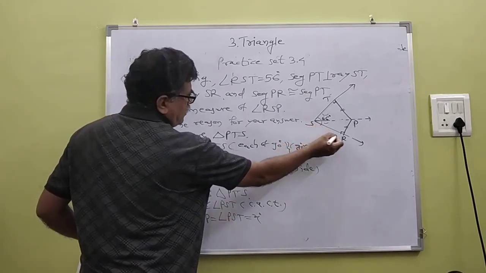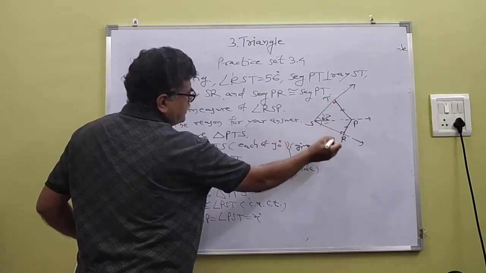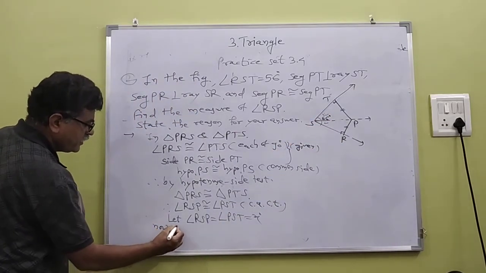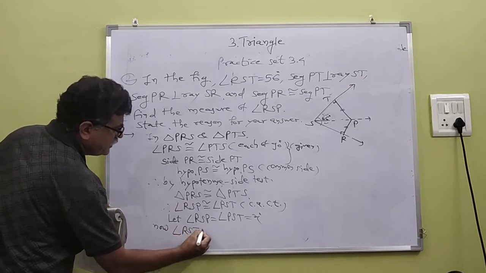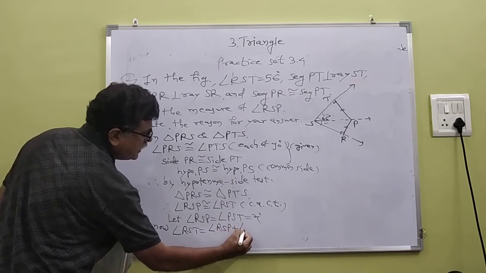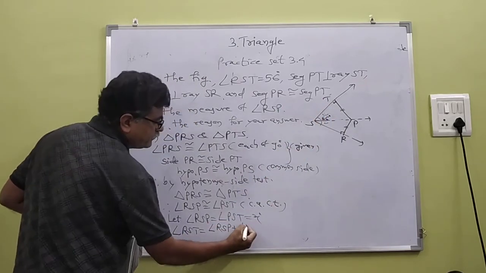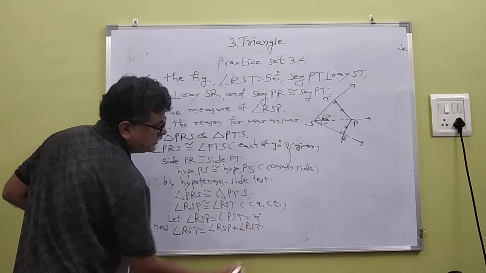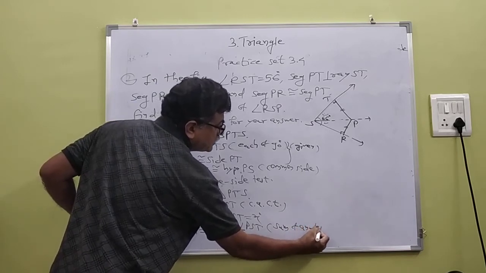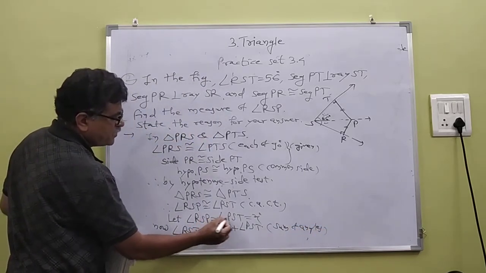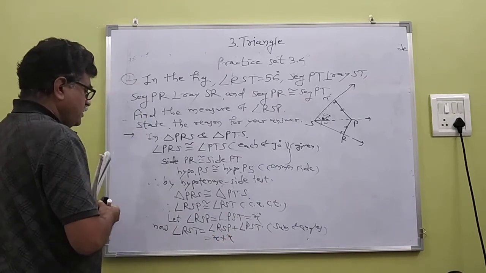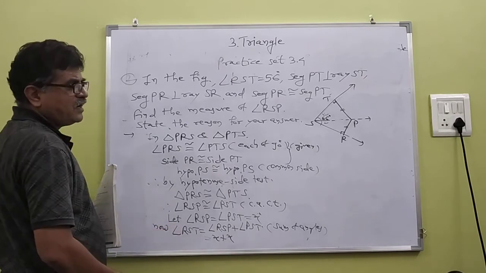Therefore, now angle RST is equal to the sum of these two angles. Angle RST is equal to angle RSP plus angle PST. Write down sum of angles. Now put values: x plus x. Now put the value of angle RST.